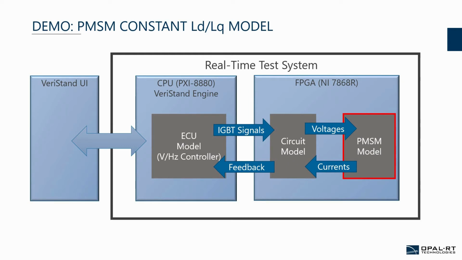That model in turn provides the PMSM model with voltages. Then the PMSM model solves for currents, which are then fed back into the circuit model. And then finally, the circuit model provides the necessary feedback back to the controller so that it can complete its closed loop control. The end result is a fully functioning closed loop simulation where we control the speed of the machine through a VeriStand UI.